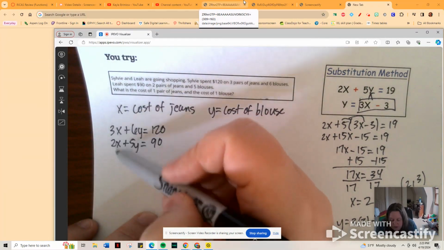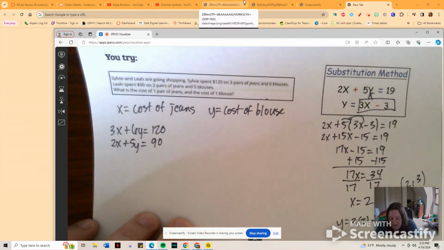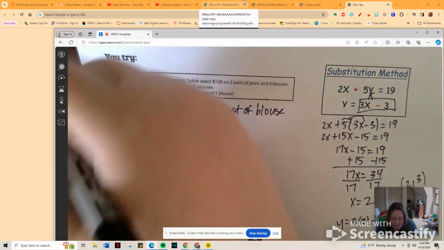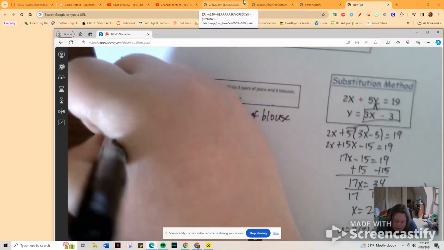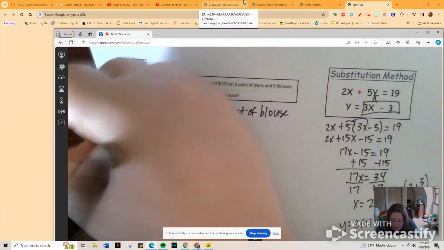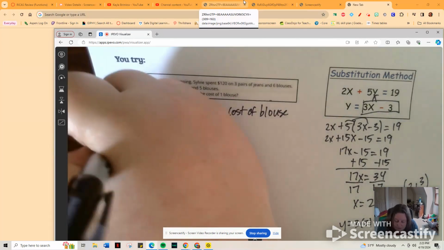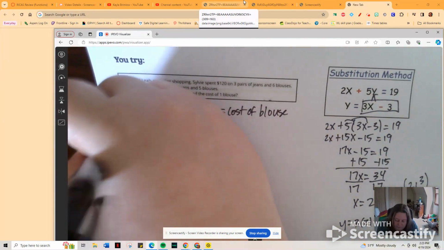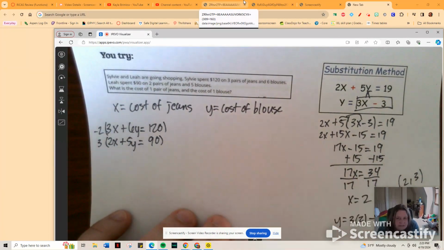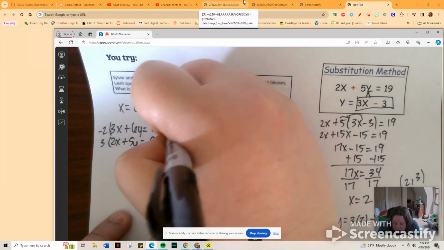So I'm going to change these equations so that my x has a coefficient of 6 and -6. Doesn't matter which one you make negative. I'm going to multiply the top one by a negative number. So I'm going to multiply the top by -2, and then I'm going to multiply the bottom equation by 3. Once again, doesn't really matter which one's negative.